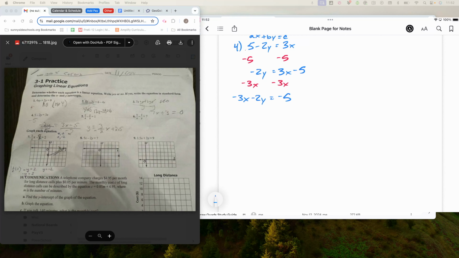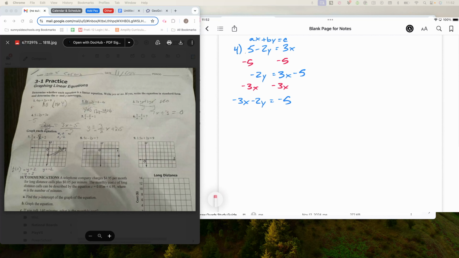I see the work that had been done looked like you were trying to put it in slope-intercept form, which would look like y equals mx plus b. I do believe you did that correctly, but they are asking for standard form, and it's kind of silly. I hate standard form. It's sort of useless and a waste of time, but that is what we are asked to do.